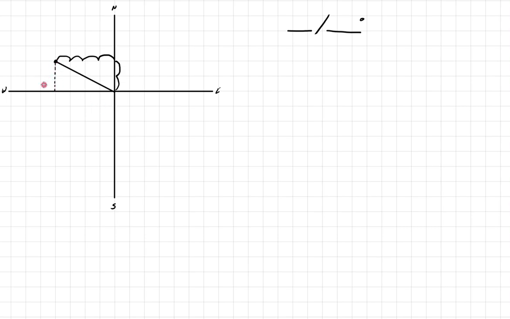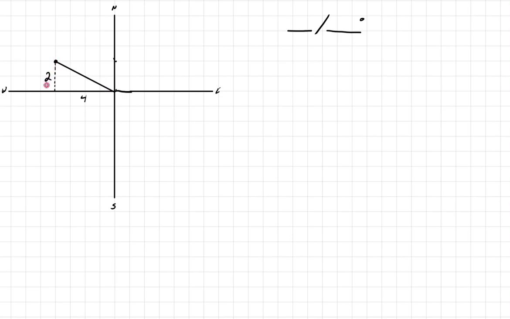We know that it's 2 tall because we went up 2, and it's 4 wide because we went over 4 from the origin. So 2 and 4. Those are the legs of our triangle. We don't really need this anymore. That's just where we traveled to get to that point. Okay, so this is our vector. This is where we ended up.